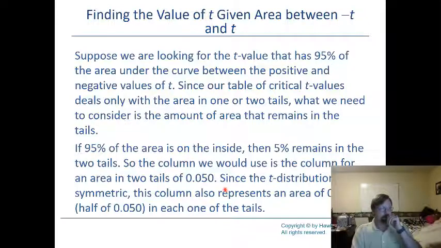So 5% remains in the two tails, so I could use the 0.05 two tails column or the 0.025 one tail column and find my critical values that way. So if I start with the area in between, I can subtract that from 1 and use the one or two tails as appropriate to correspond.